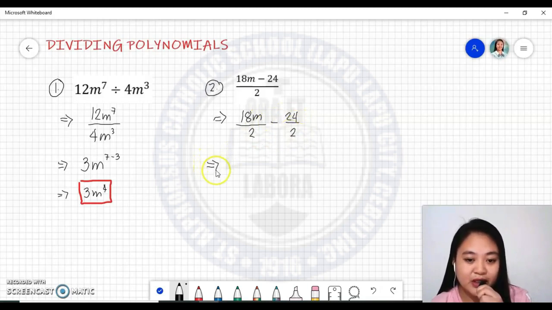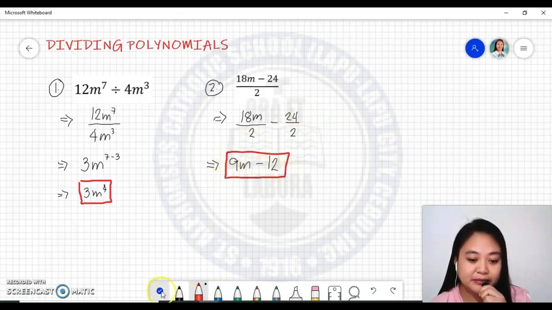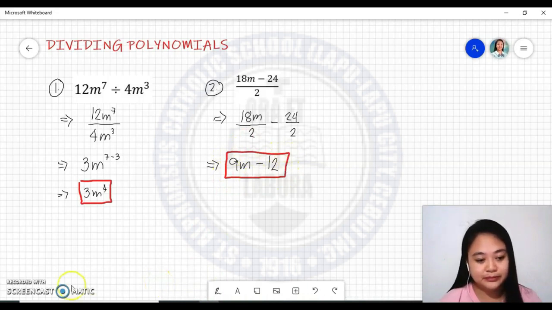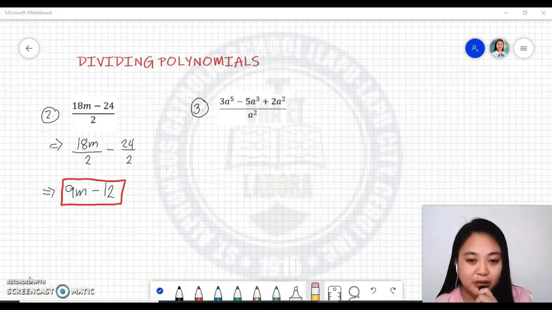Then, divide each term by 2. 18 divided by 2 is 9, copy m, minus 24 divided by 2 is 12. Then, box your final answer. And that's it. Now, example number 3.